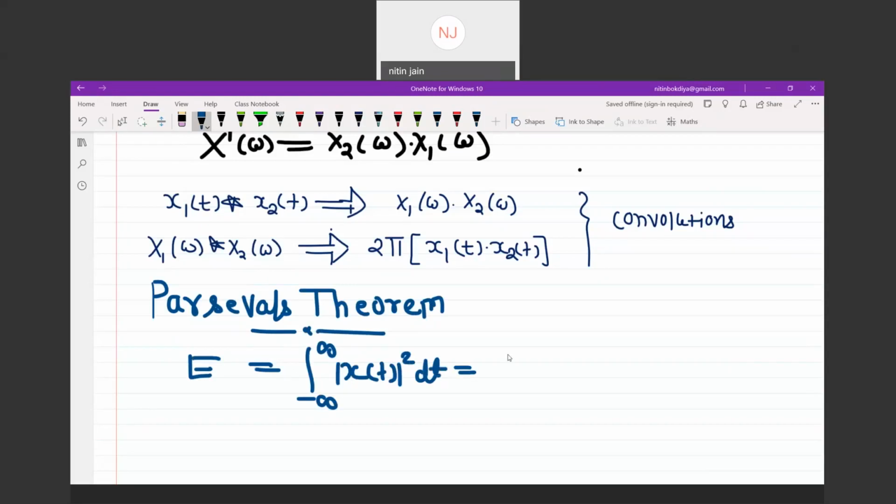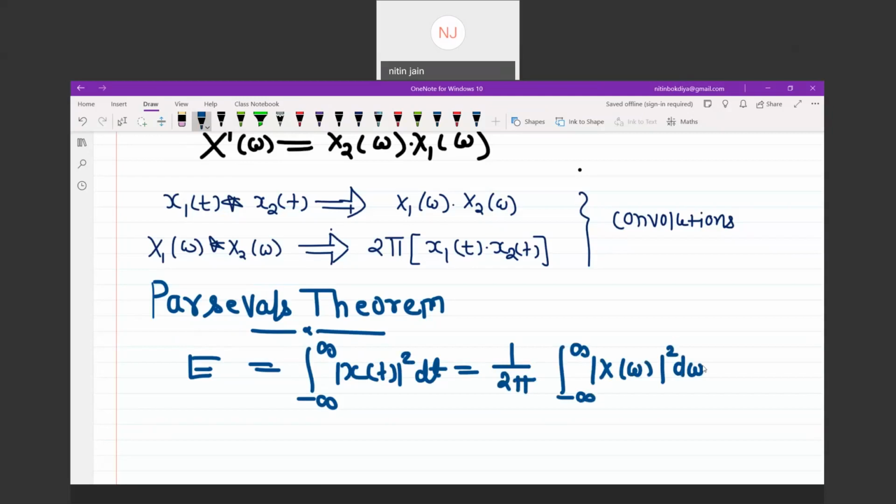Then the energy in the frequency domain will be 1 over 2π times the integral from minus infinity to infinity of |X(ω)|² dω. So whether you calculate it in the time domain or the frequency domain, you will get the same result.